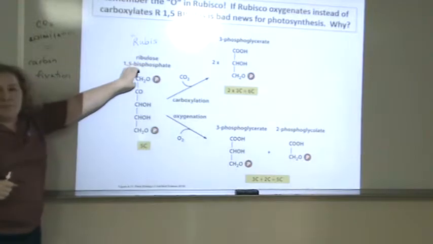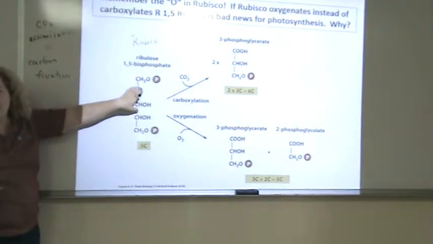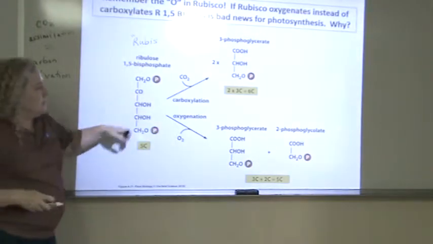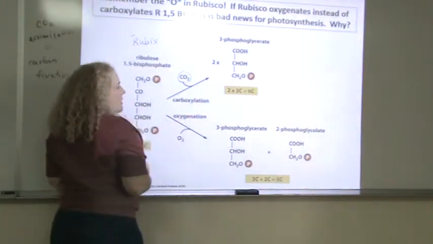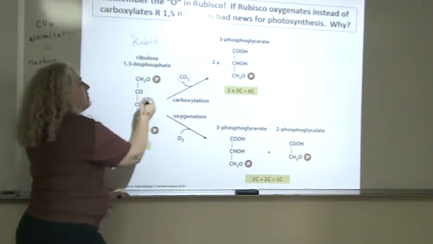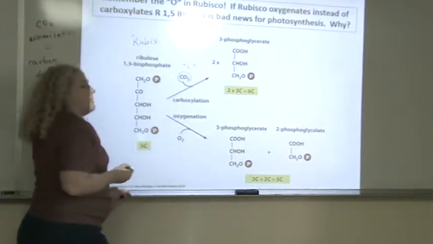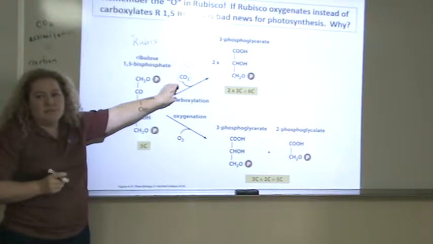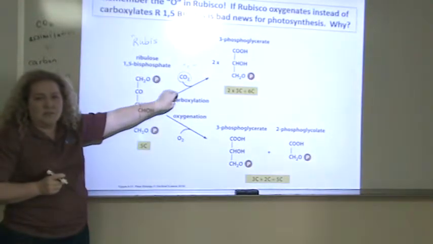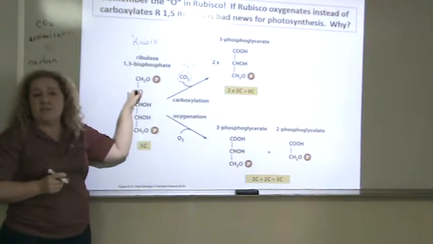And this enzyme Rubisco is combining a 5-carbon molecule with CO2, and that's the C designation in Rubisco. And this is the intended substrate. This is what Rubisco originally evolved to do, is to put these two together.